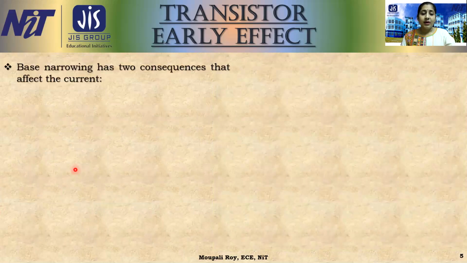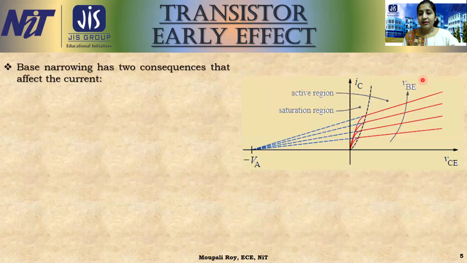So what happened there? The base narrowing has two consequences for the current. This is VBE, this is for VCE. If we are applying more voltage VCE, that means more reverse voltage, then what happens?